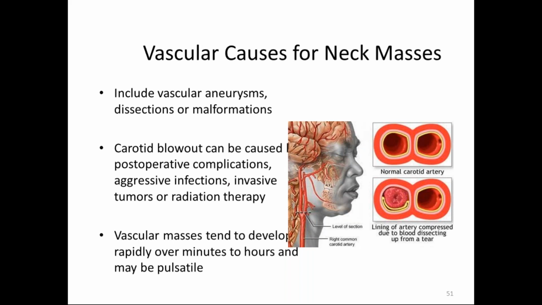And you can see compressibility. See, you can see the normal carotid artery. See, the lining of the artery is compressed. So, the dissection is present in this one. The blood is pooled out here and the lumen is very much narrowed. You can see this one normal and see this narrowed.